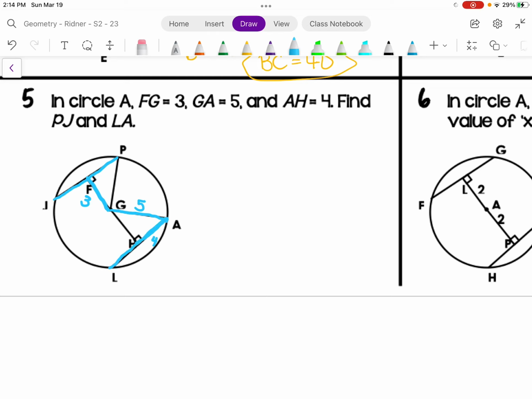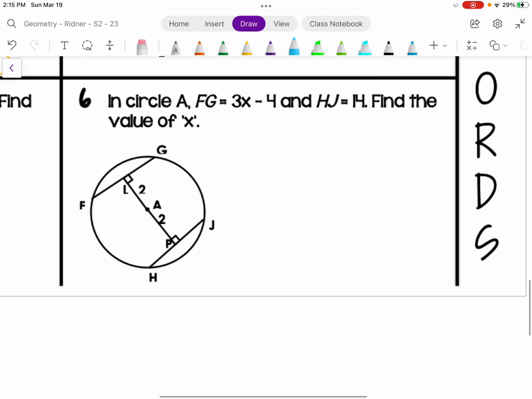Well, since this bisects, if this is 4, this is also 4. So LA must be 8. 4 plus 4 is 8. Also, since these are the same, PJ must also be 8. Simple problem.